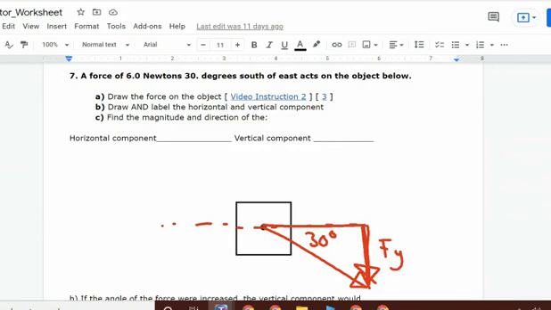Then we do the horizontal and call it Fx. A force that goes to the right has a right component, and a force that goes down has a down component. Label it, even when I don't ask you to, because the readers will always ask you to label things.